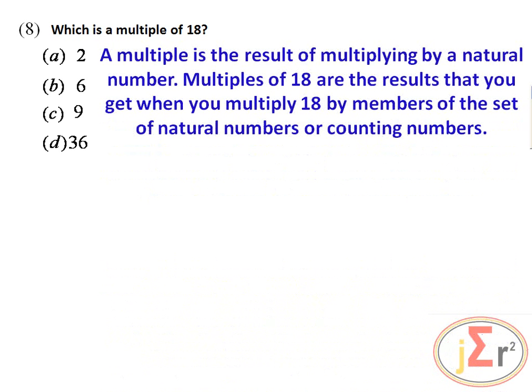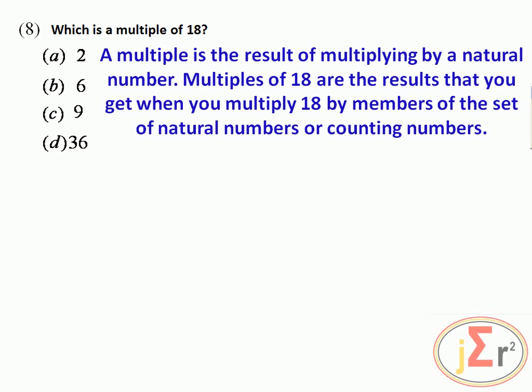A multiple is the result of multiplying by a natural number. Multiples of 18 are the results that you get when you multiply 18 by members of the set of natural numbers or counting numbers. So what is a multiple? The result of multiplying by a natural number.